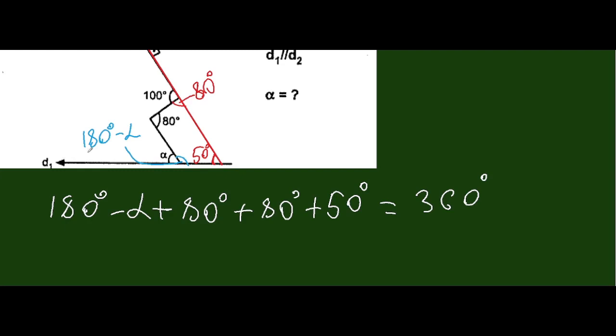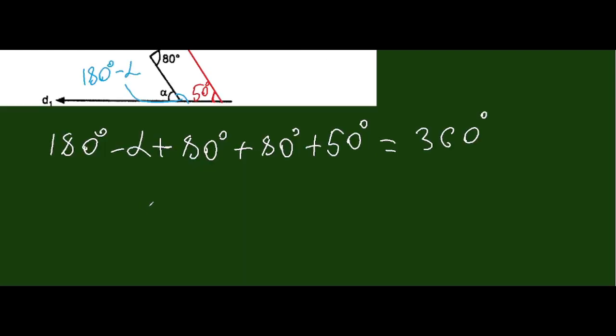If it would be like this, just standing itself like this, and this angle will be alpha, we could write that the sum of 80 plus 80 plus 50 will equal to alpha, because this line is standing here. We just cannot write this as equal to the sum of three angles.